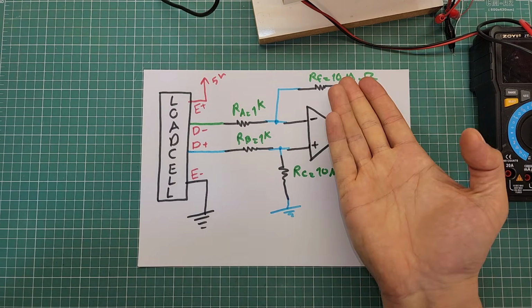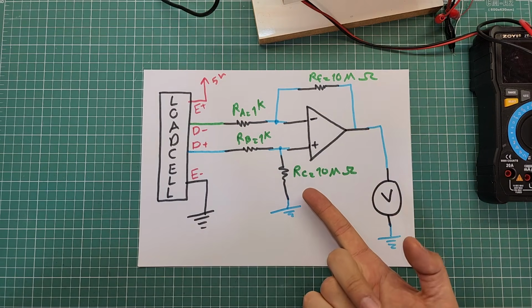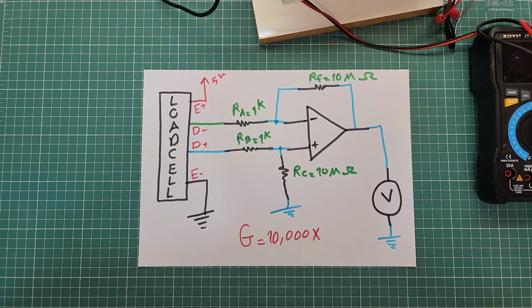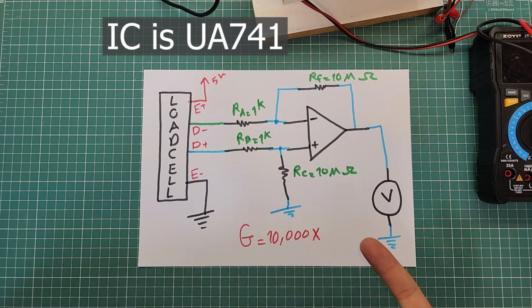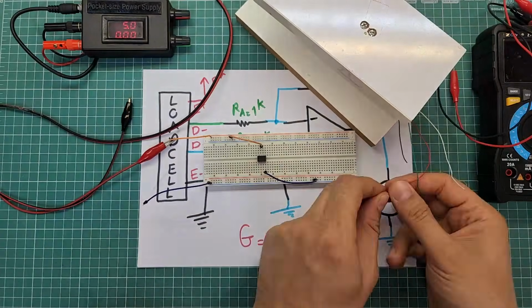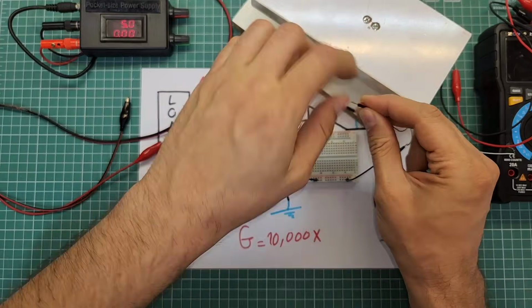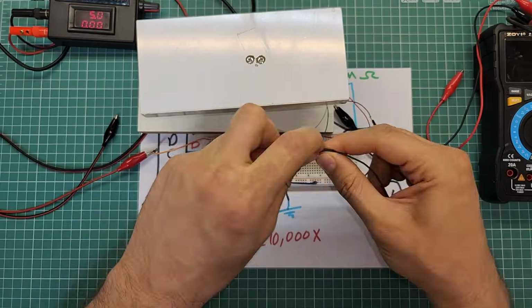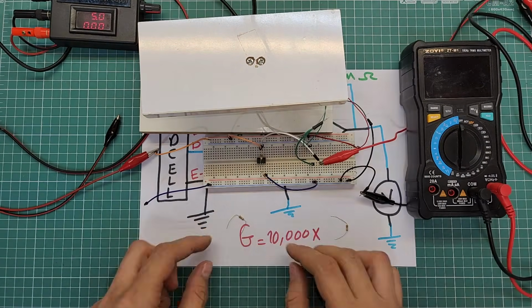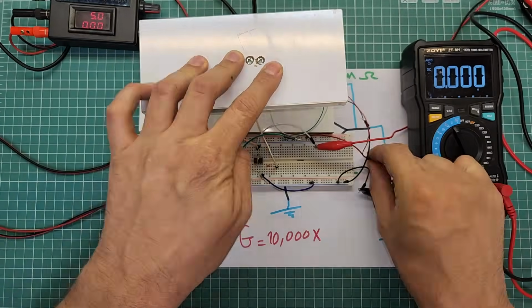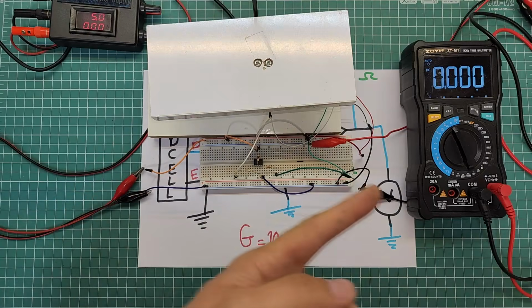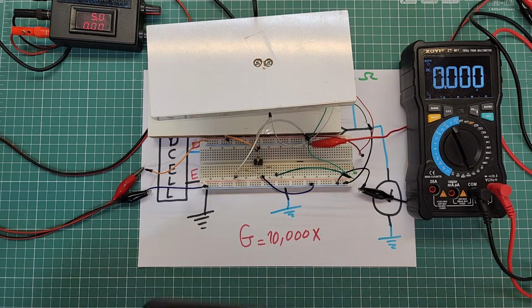Here I will use 10 mega ohm for RF and RC, 1 kilo ohm for RA and RB. So the gain will be 10,000x. The amplifier is ready, but the sensor is not calibrated.